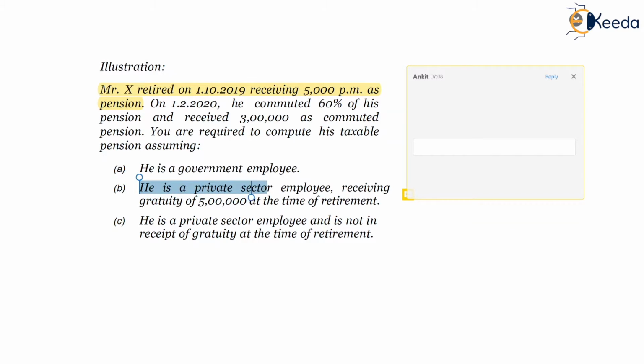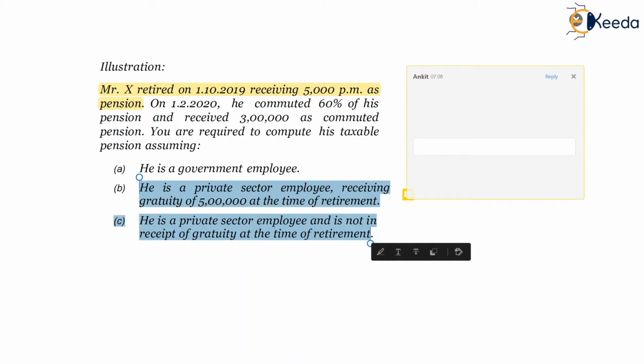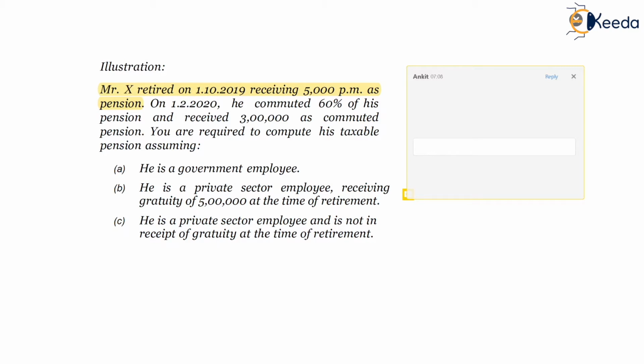He is a private sector employee receiving gratuity of 5 lakhs at the time of retirement, and he is a private sector employee and is not in receipt of gratuity at the time of retirement. So friends, subclause 2, clause 10A will be applicable, right?